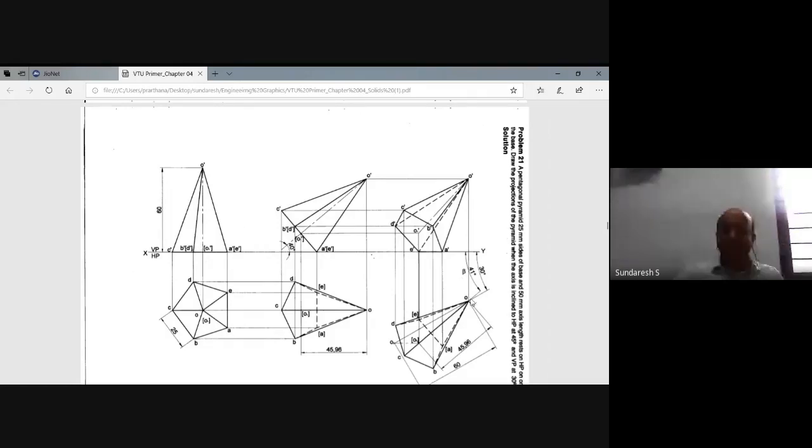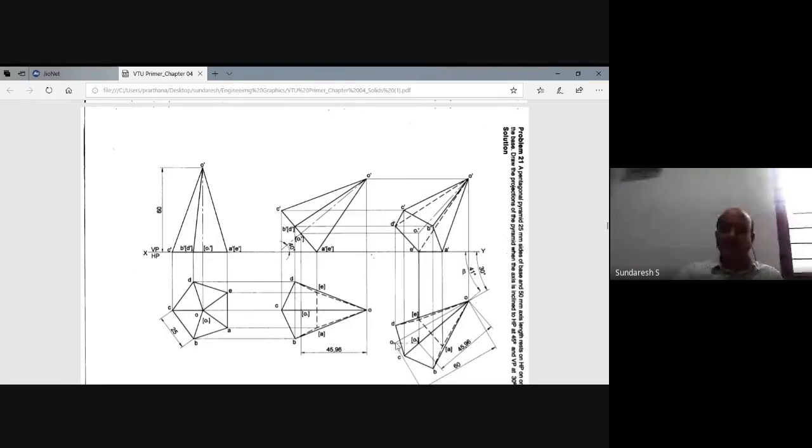Now with that radius, with the point you marked as O on the 30-degree line as the center, you cut this 30-degree line at the point O1. So this is a very important thing here. You cut this 30-degree line with the radius equal to the actual length of the axis, right?